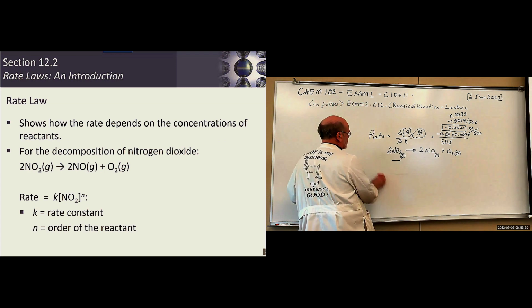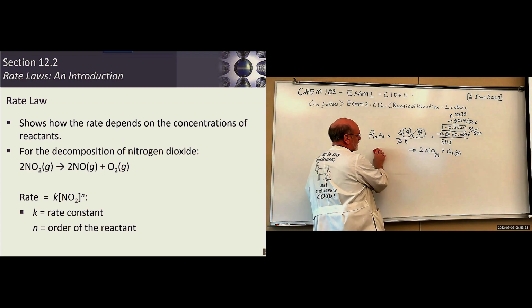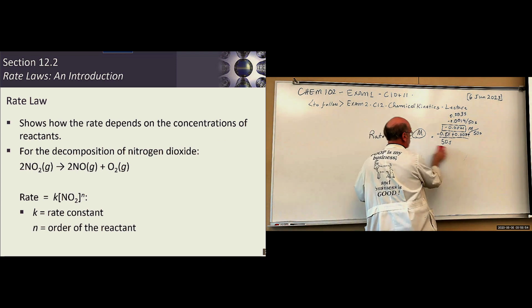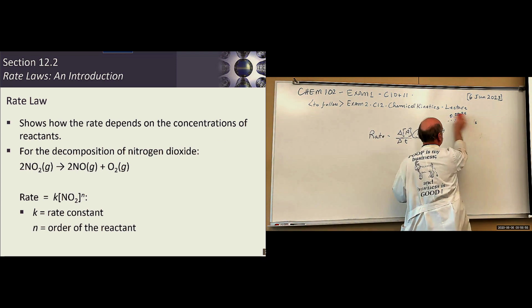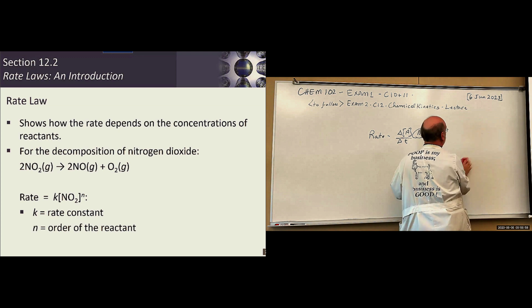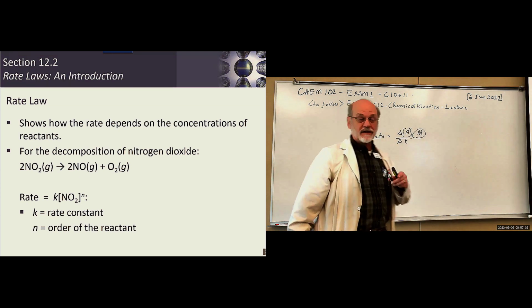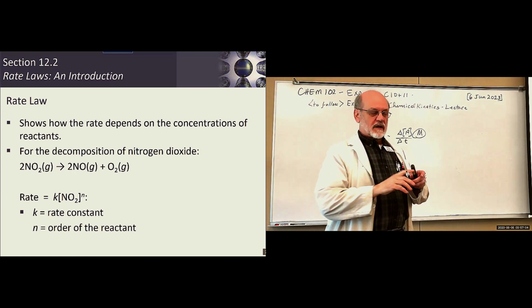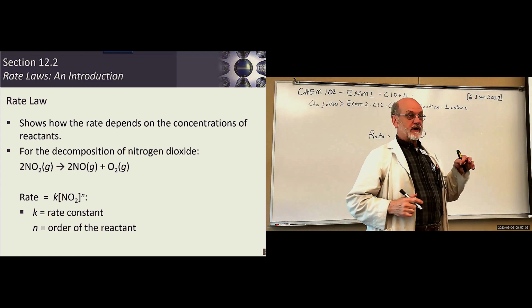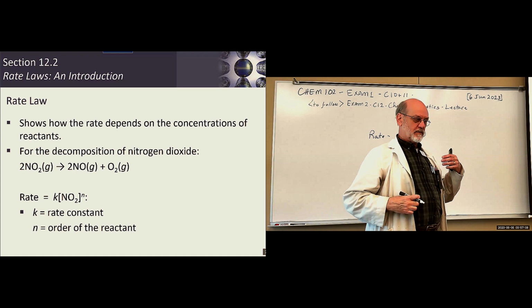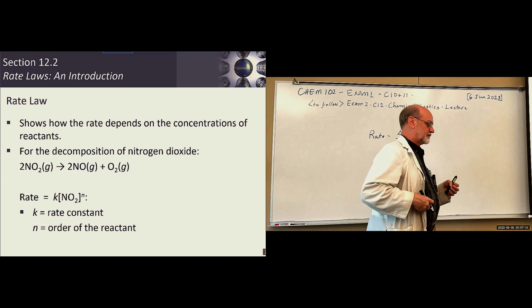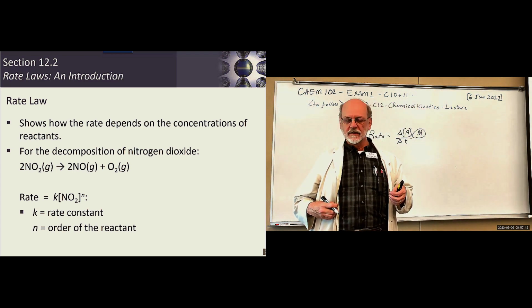So how do we express this? This expression, the rate law, is exactly that. It's a law. It has no theoretical base. It has no, what's the word I'm looking for?